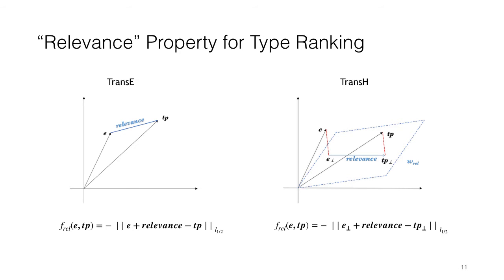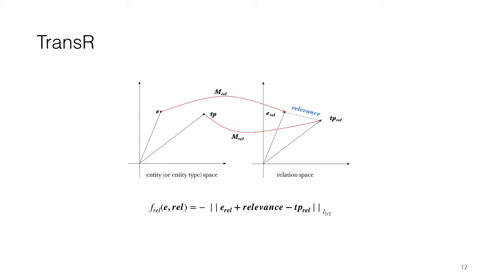We know that TransE has some flaws in representing one to many, many to one, and many to many relations. TransR addresses the flaws of TransE, but in a slightly different way than TransH. TransR considers separate embedding spaces for entities and relations.